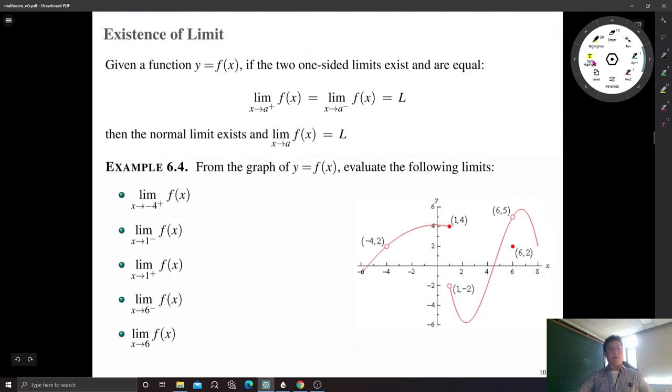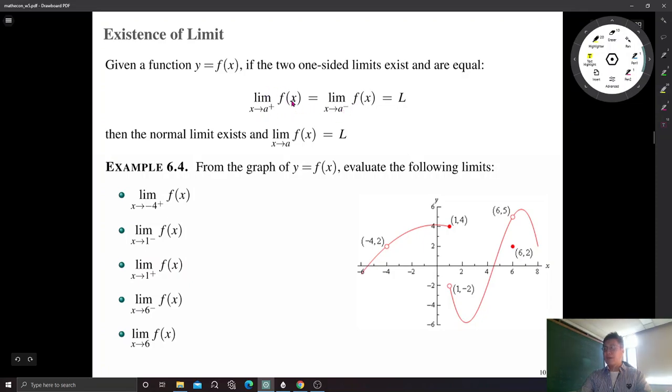So now let me talk about the conditions under which the limit exists. Given a function y equals f of x, if the two one-sided limits exist, so take a finite value, and they are equal to each other, so we examine the limit of the function as x approaches a from the right, or x approaches a from the left.